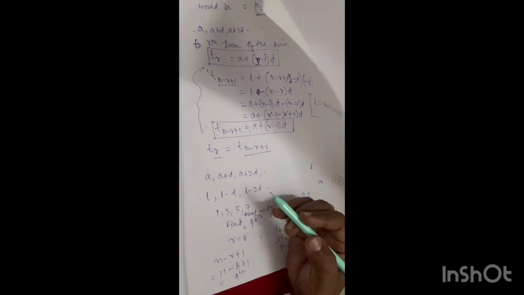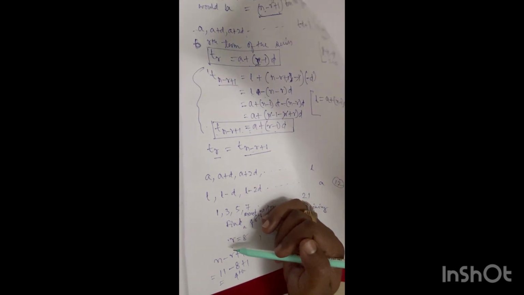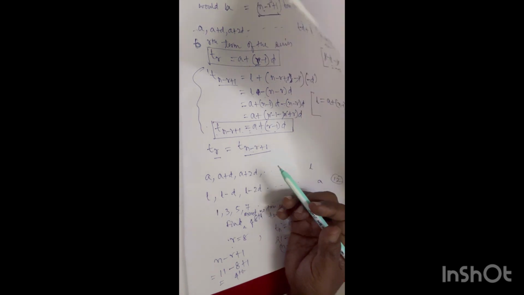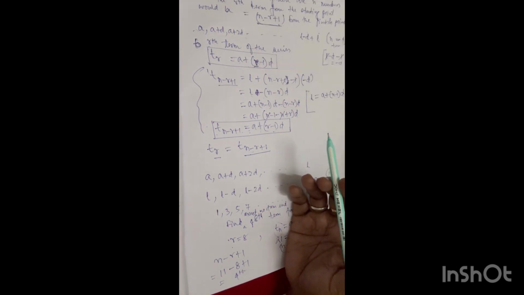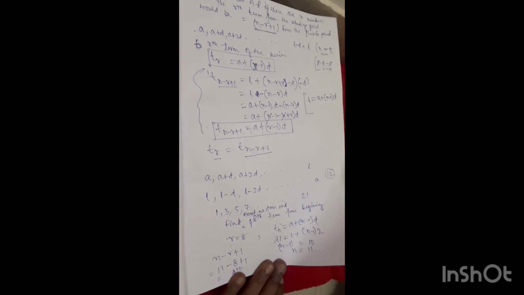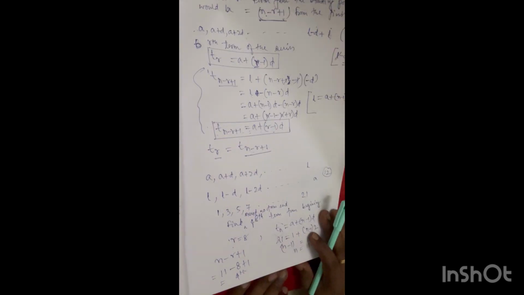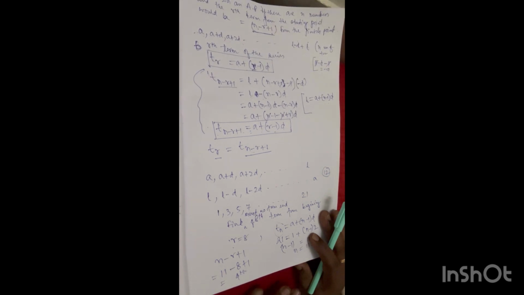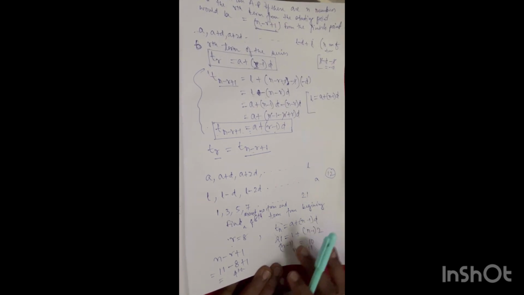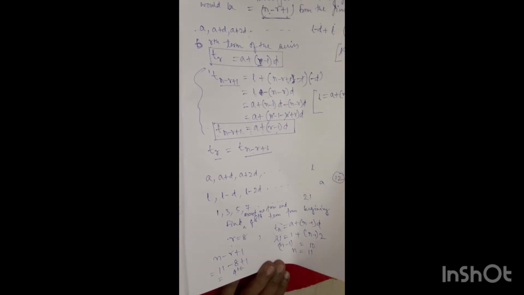Once I have done this theorem, I will do some sums on arithmetic progression, and then move to the subject, because harmonic progression, a term related to arithmetic progression, needs some understanding. So I will take it up separately. Okay, so now we'll move to some examples on arithmetic progression.